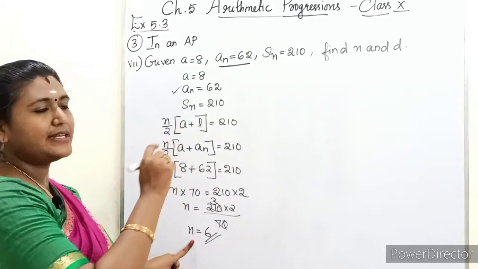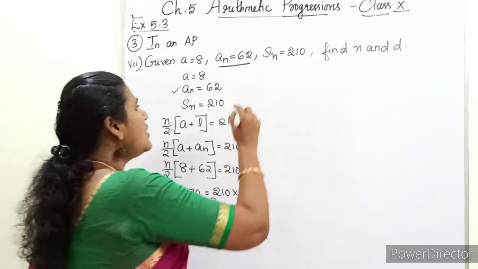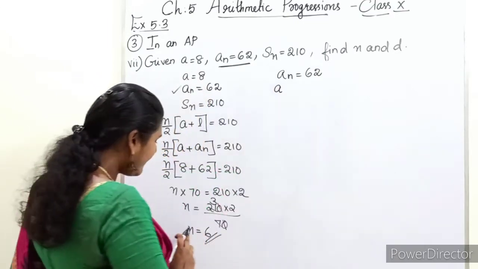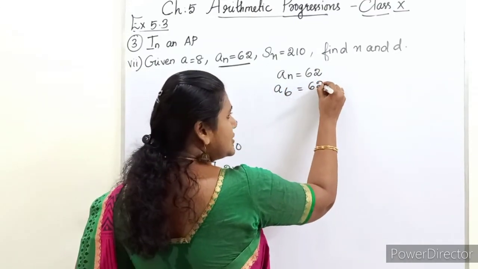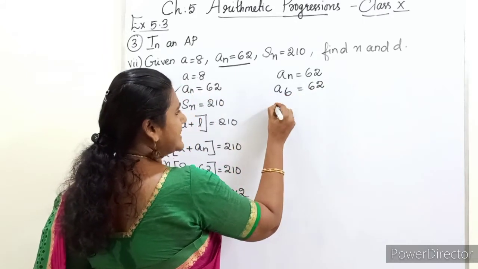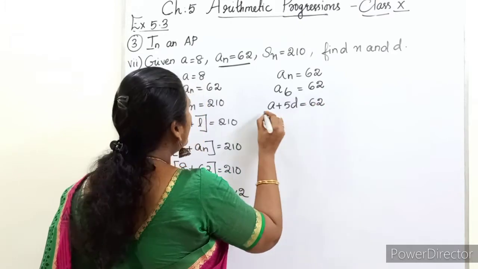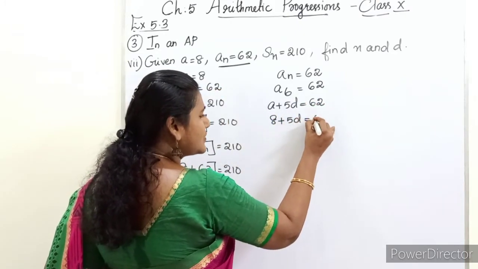Now we have to find the value of d using this formula. an is equal to 62. What is the value of n? 6. So a6 value is equal to 62. What is the formula for a6? a plus 5d. So a plus 5d is equal to 62. The value of a is 8, so 8 plus 5d is equal to 62.